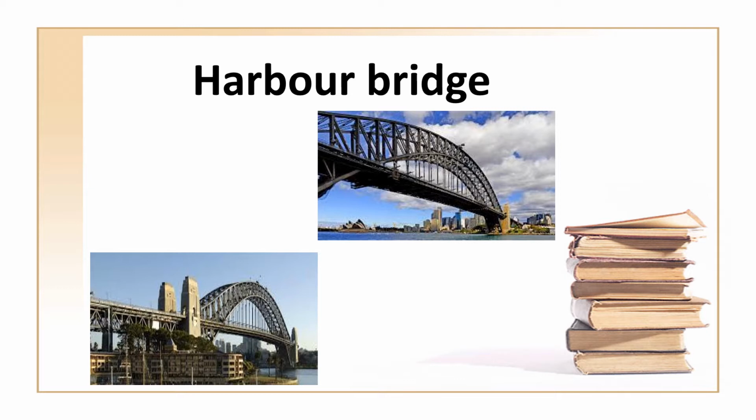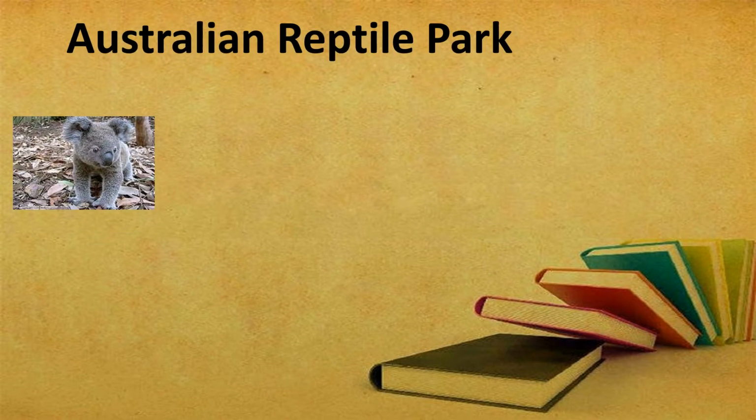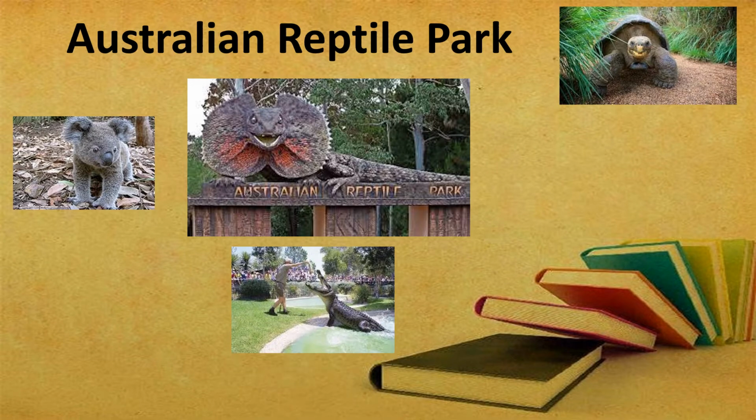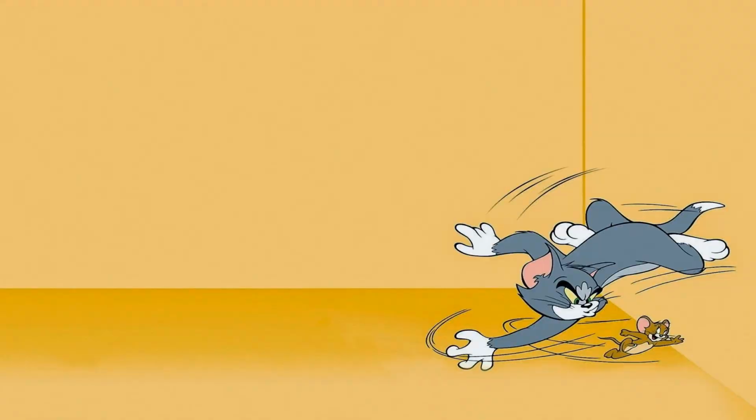Next we have here Australian Reptile Park, wherein we can see all kinds of reptile animals. So it's also like a zoo, but it's a park. We can see crocodiles, snakes, turtles, and other reptile animals. So this is what we call Australian Reptile Park.